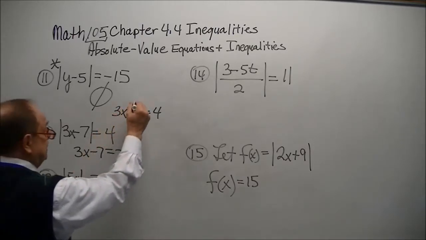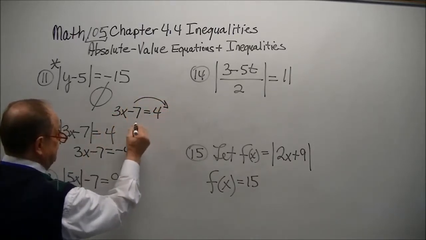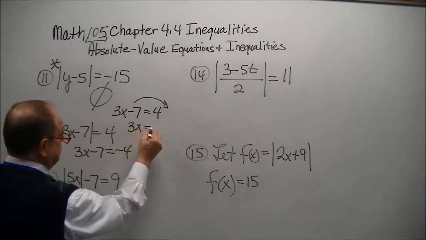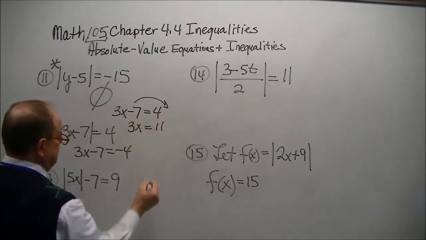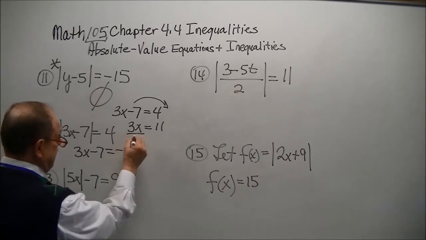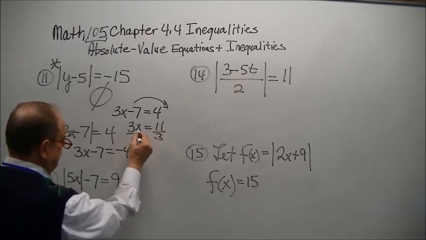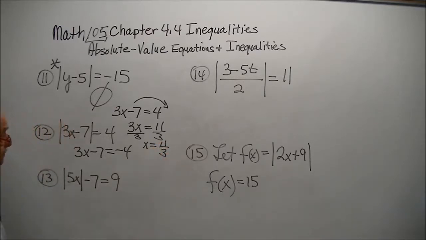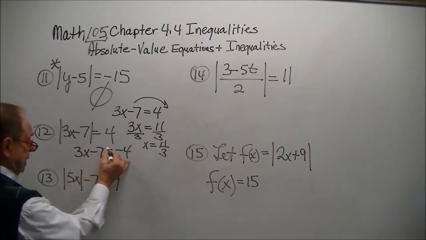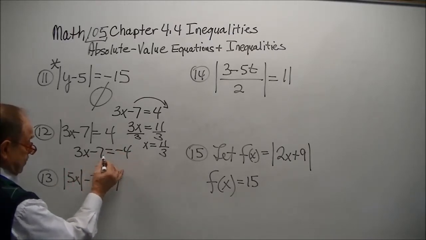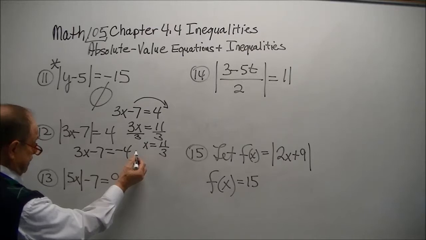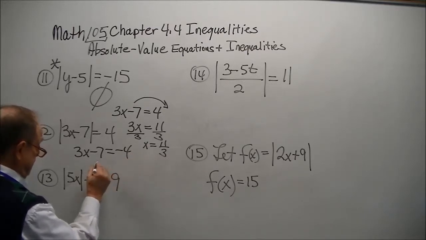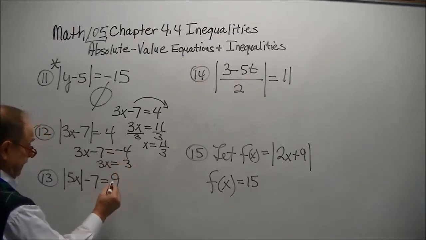So we solve it by transposing: 3x equals 11. Divide both sides by 3. X equals 11/3. And this one, as we transpose, we get a positive 7, so this is going to be 3x equals 3.